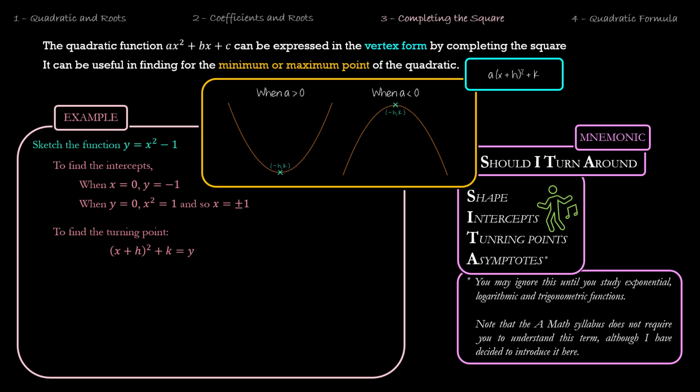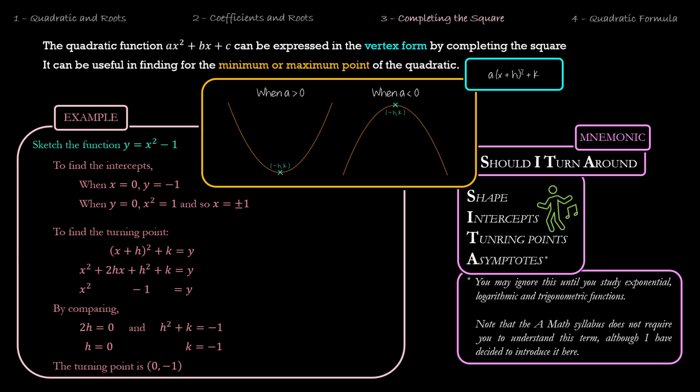One way to do it is to expand the vertex form and make a comparison. Thus, by comparing the two equations, we see that 2h equals to 0 and h squared plus k equals to minus 1. This will give us h equals to 0 and k equals to minus 1, making the coordinates of the turning point 0, minus 1. We can then proceed to plot the three coordinates that we have found and sketch the graph.